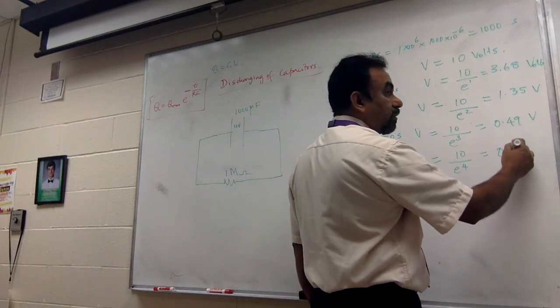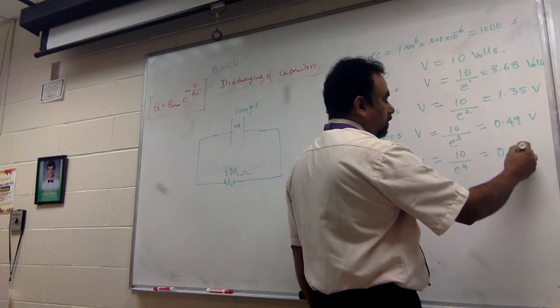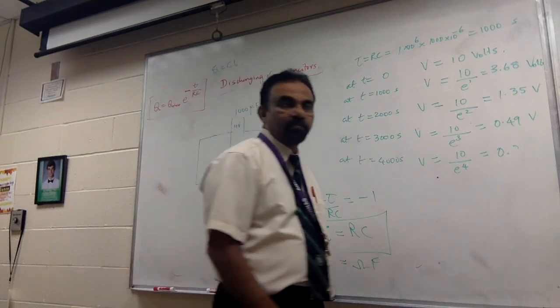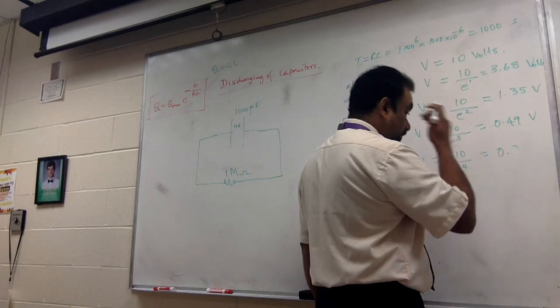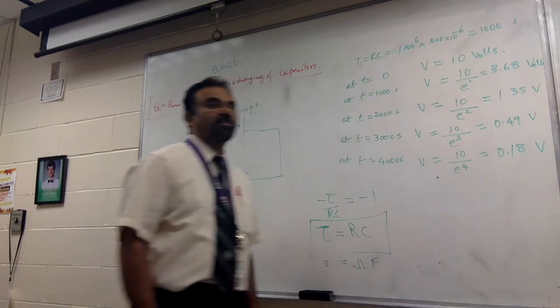How much is 10 over e to the power of 4? 0.18. And you can see it goes on like that.